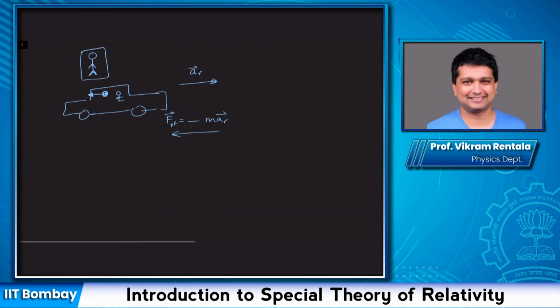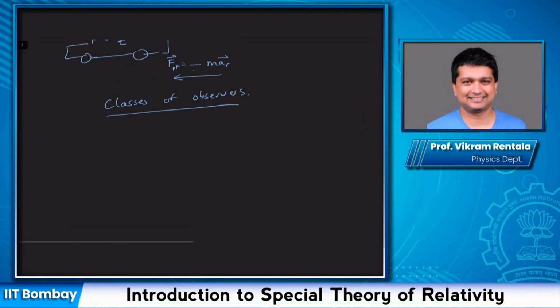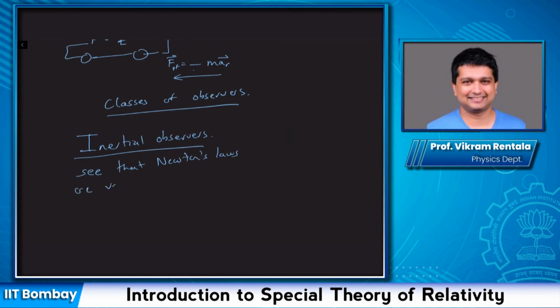So we can separate out classes of observers. Okay, there are what we call inertial observers. These inertial observers see that Newton's laws are valid for them.